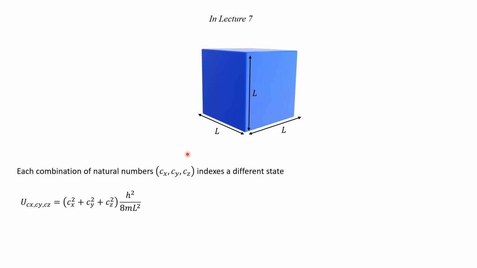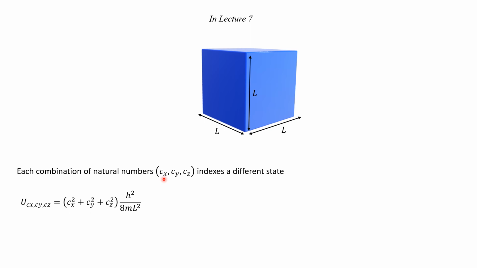So we're going to pretend that the electron doesn't have spin, so that each state is still indexed only by the three natural numbers. We're going to do that because we don't need to take this effect into consideration to understand the physics that lies behind the Fermi-Dirac distribution.